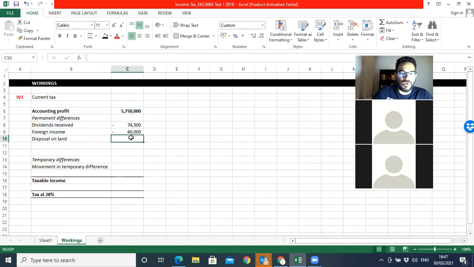Okay, so all I'm going to do is say 350,000 times 20%. However, I need to reduce it. I need to go from 100 to 80. The amount currently increased our accounting profit by 100%. It should have only increased accounting profit by 80%. So what do I have to do? I need to remove 20%. The way I remove is by subtracting. Are we happy with that?